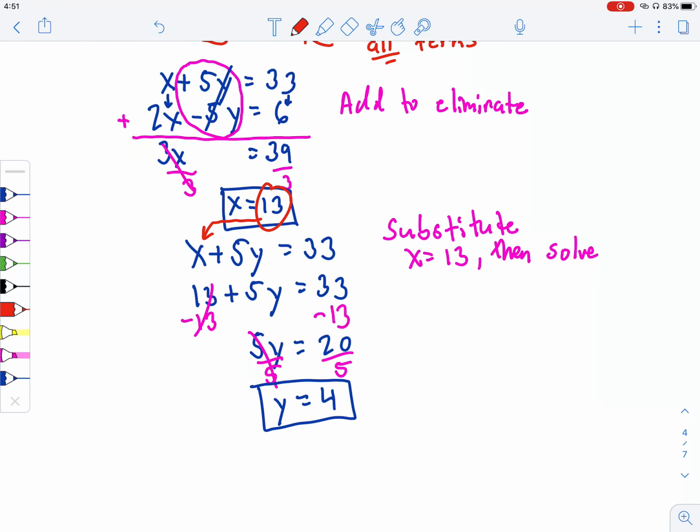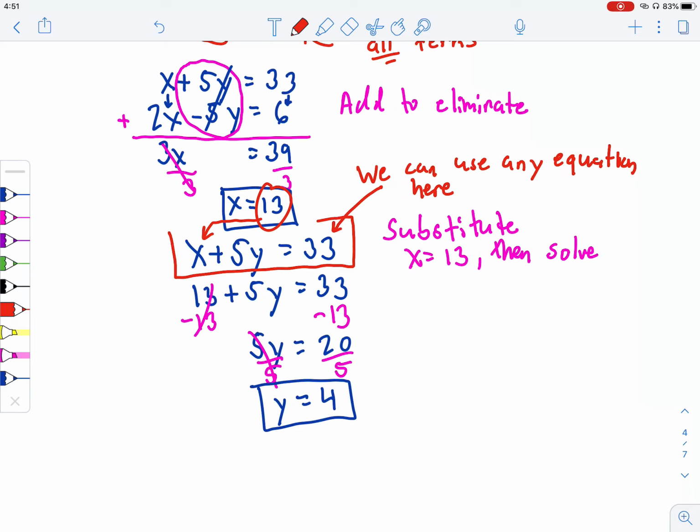Right, and remember, we can use any equation, any one that we want. So this one we just chose the top one, but it doesn't matter.